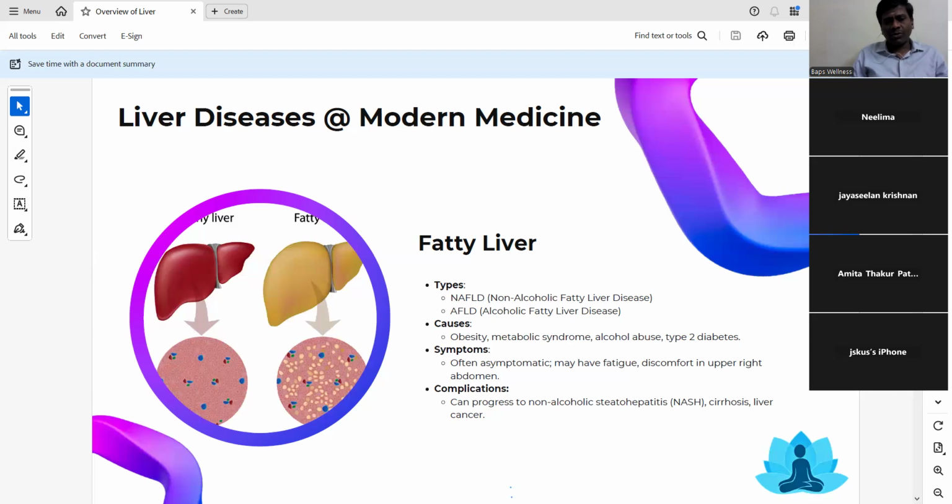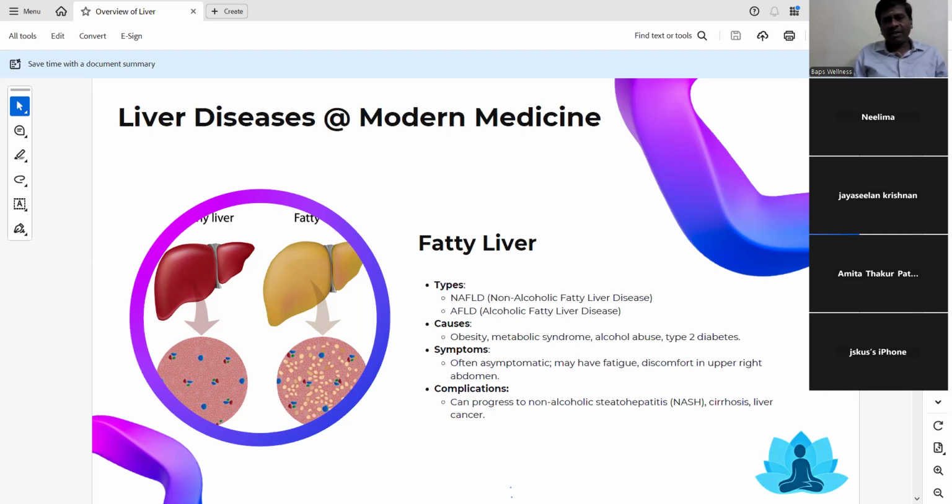Here also, there are two types. One is the common one, simple fatty liver, where fat is present but no inflammation or liver damage is seen. That is a simple fatty liver condition. With proper diet, exercise and proper management, we can reverse this very fast.